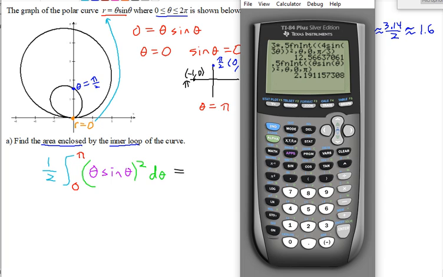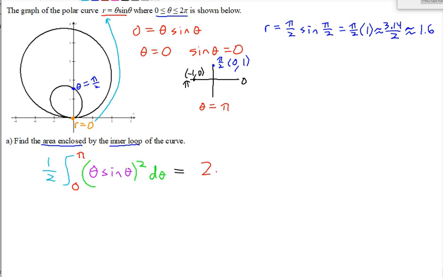And we can see we get 2.191. Again, if you want, you can put units squared to remind yourself it's area, but we don't have specific units, so you don't have to.